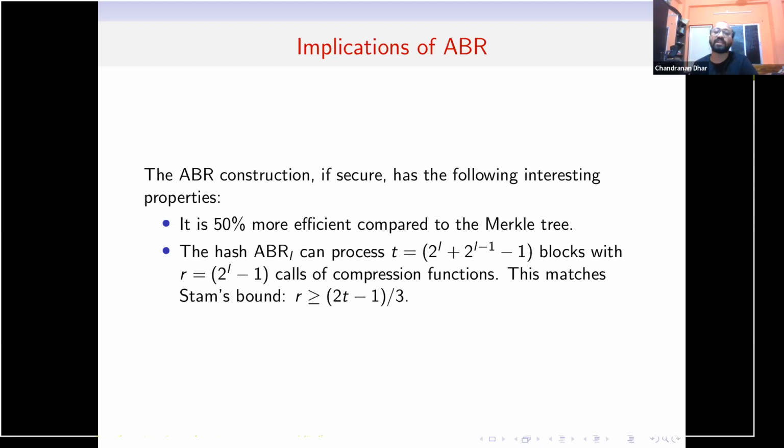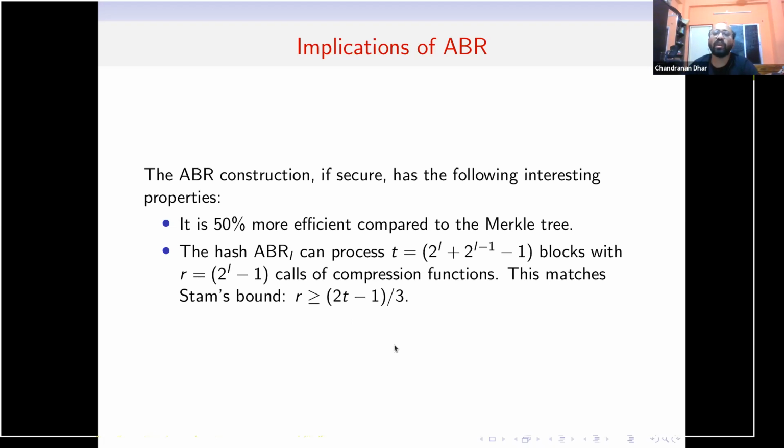What Stam's bound does is, for a compressing primitive, it relates R, the number of calls to the compression functions, and t, the number of blocks that can be computed using these R compression functions. For a 2n to n bit compression function, the Stam bound states that R should be greater than or equal to (2t minus 1) over 3.